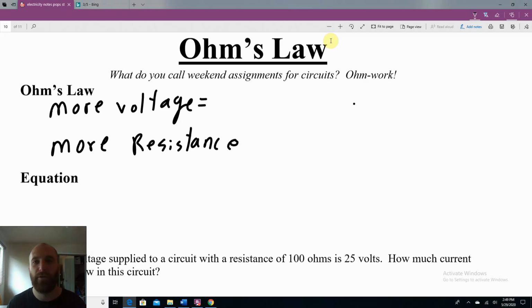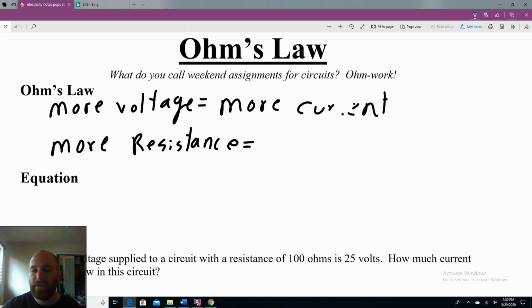We'll start with the idea for Ohm's law first, and it is something we already talked about in the previous lesson, so this should be a review, and I think you even have it written in this form in your notes. What Ohm's law basically says, if we keep it as simple as we can, is that more voltage gives you more current.